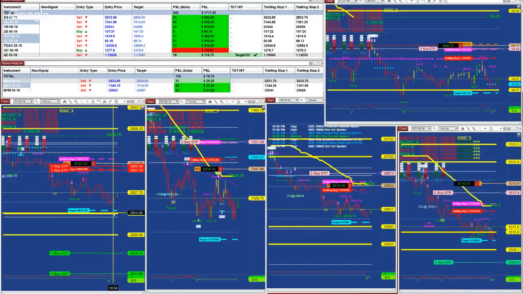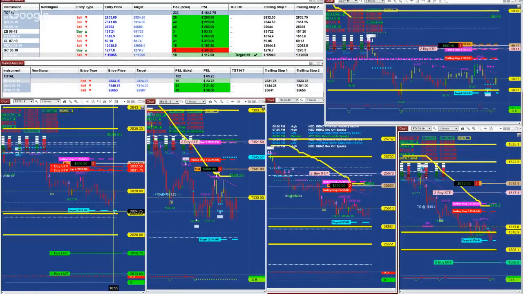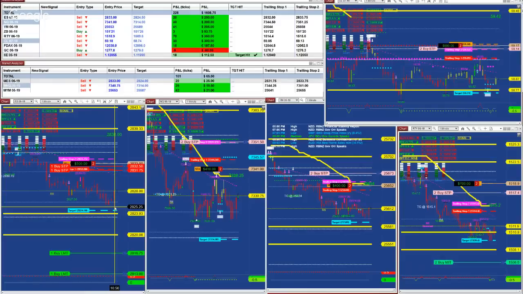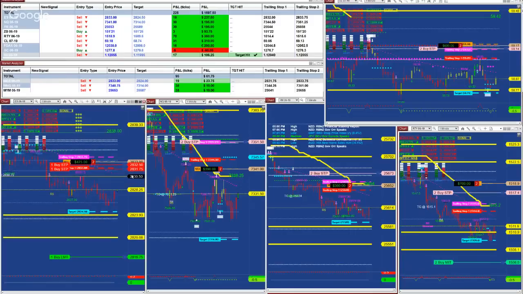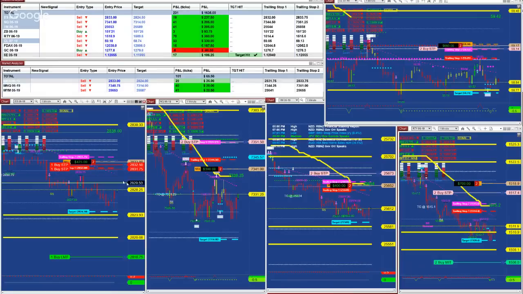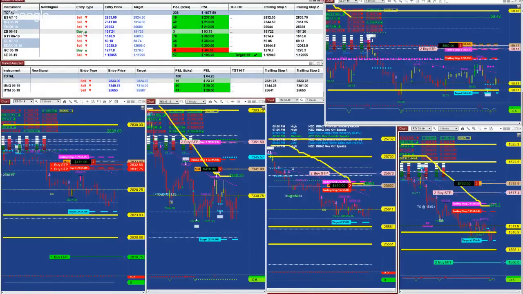Okay, guys, look at this. We missed the target on the ES by a couple ticks, and there is a pullback, but it's not going to be a new signal right now, Rigo. It's not going to be a new signal on anything right now. We have the 30-year Treasury bond in the buy direction.